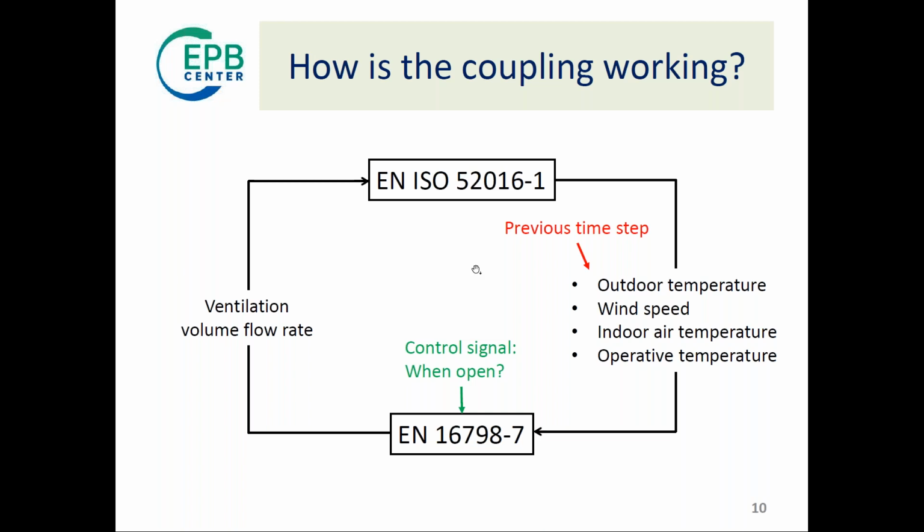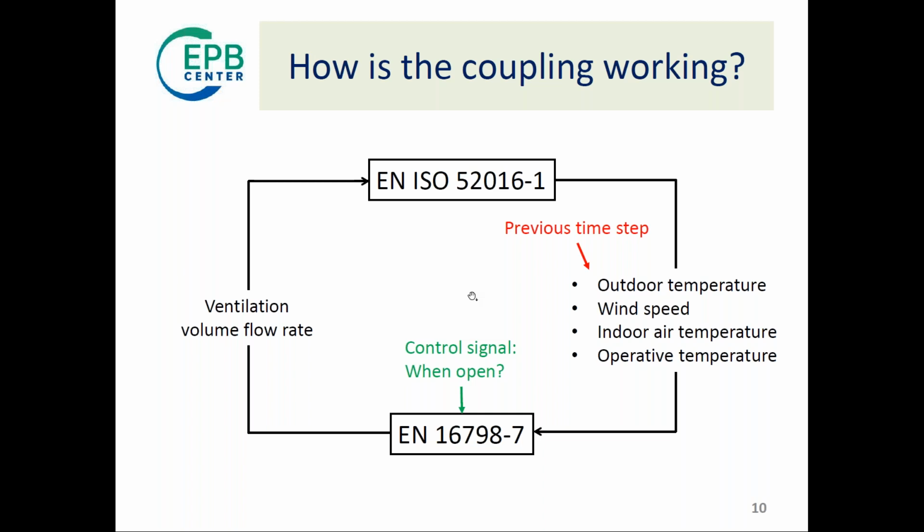What is also involved, which is not actually in any of these two standards, is a control signal. Actually, when should the window be opened or not? Actually, this is according to some sort of control scheme assumed.